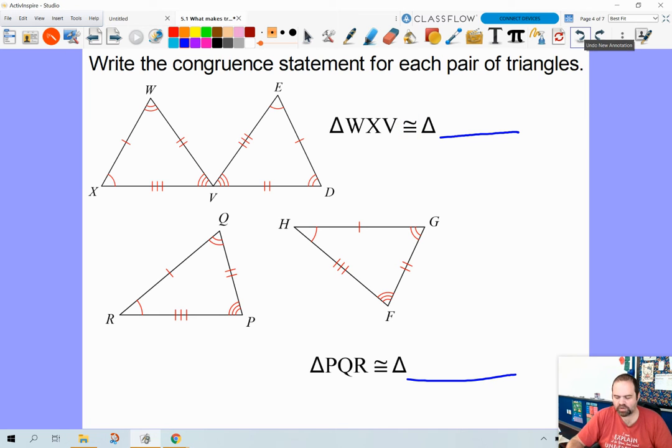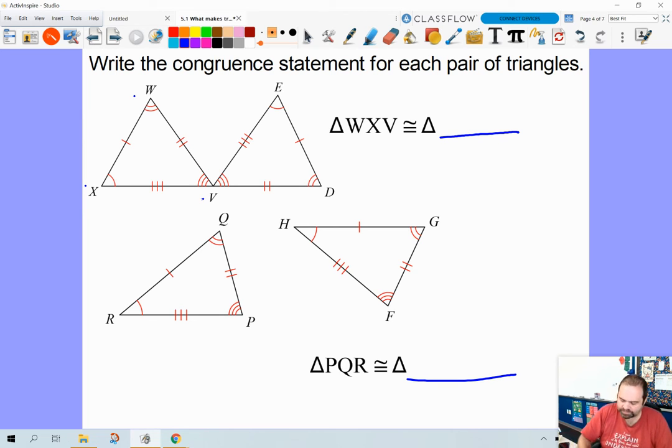So what I'm asking you guys to do is to write this statement. Triangle WXV over here on the left, what is it congruent to on the right? Now, it might seem pretty easy, you just slap down 3 letters, but you have to name the second triangle so that the letters correspond to the name from the first triangle.